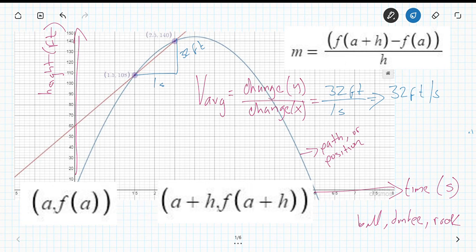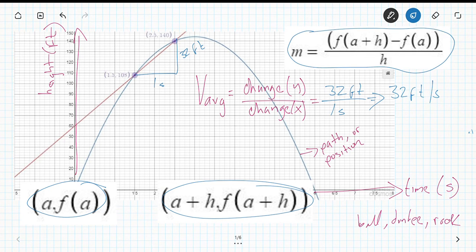Now let me reference these expressions here, and also this formula for the slope. So a and f of a, that is just an ordered pair, and that is basically 0.1. And a plus h is essentially 0.2.